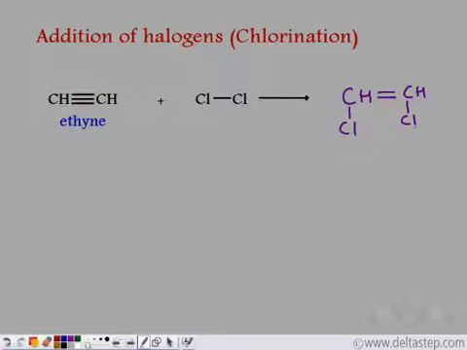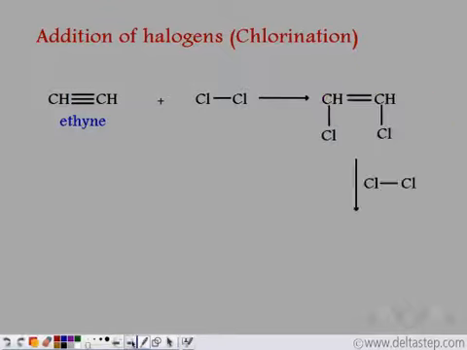Again, the hydrogen atoms are not being replaced. It's only an addition reaction in which the chlorine atoms are attaching itself to the carbon atoms. Now when we form the alkene, again when it is made to react with chlorine, so this time the double bond breaks into the single bond.